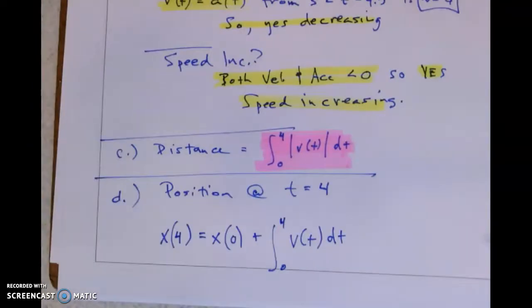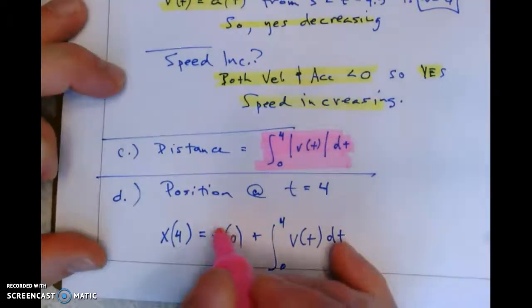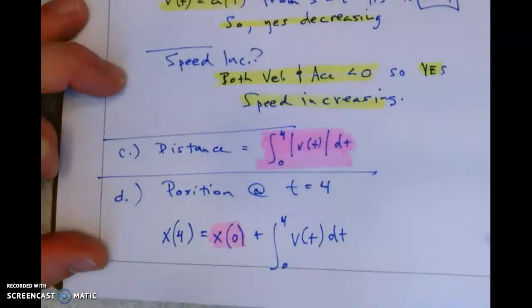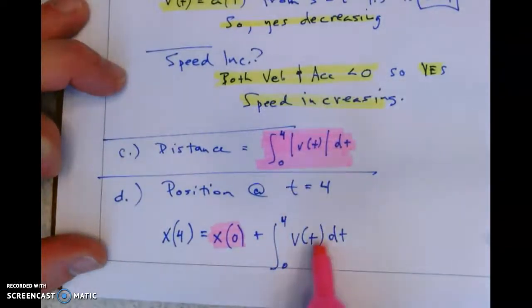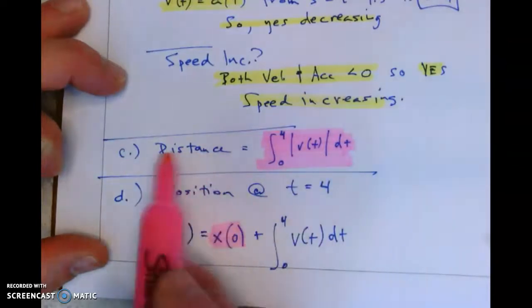Okay, and part D, what is the position of the object at t equals 4? At this point, we're talking about our initial position, x of 0, plus our displacement from that point. Notice, this one with the absolute value is the distance traveled.